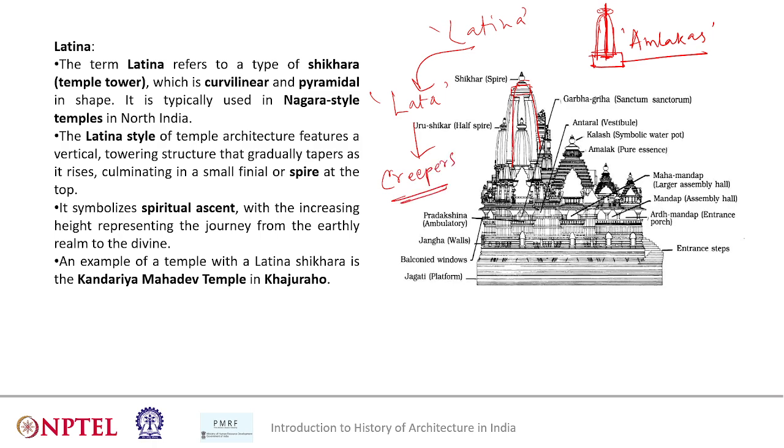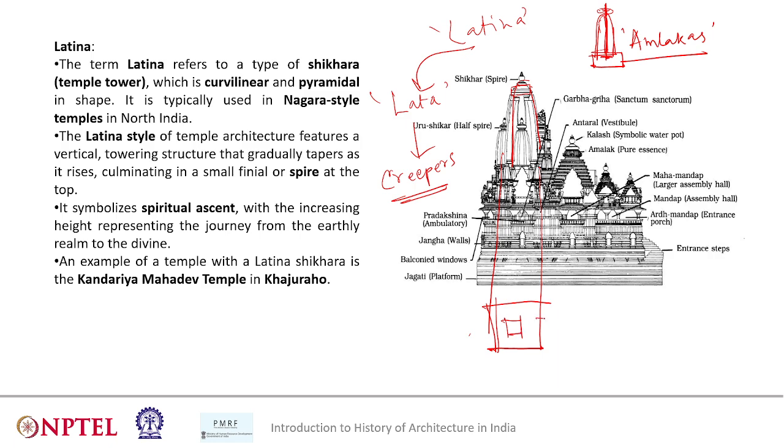Okay, so from where it gets this particular verticality that you can see, I hope you can understand why the term Latina is used. Now this Latina type, if you look into it from the plan, this part that you see, if you just draw the projections, you can understand that this part is the Garbh Griha.